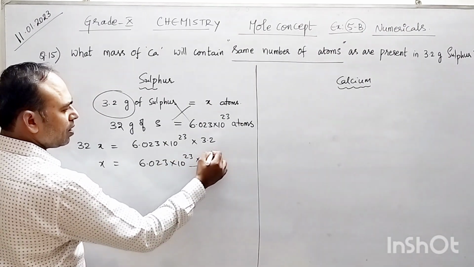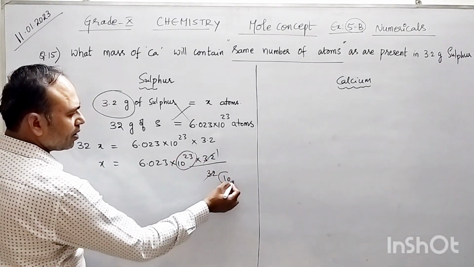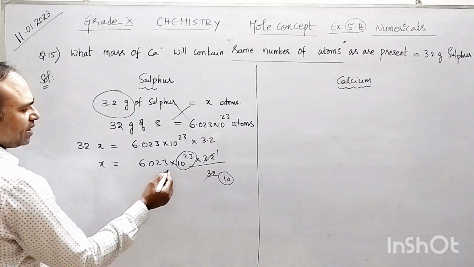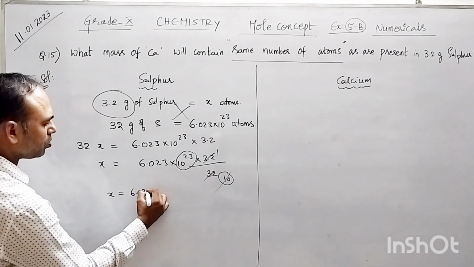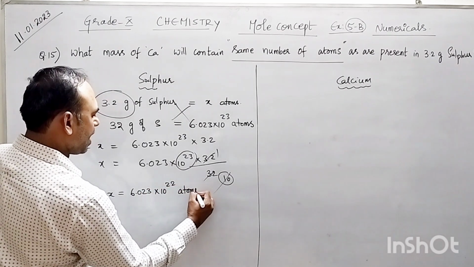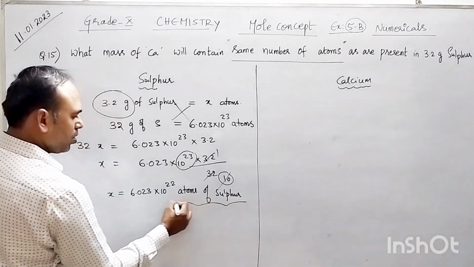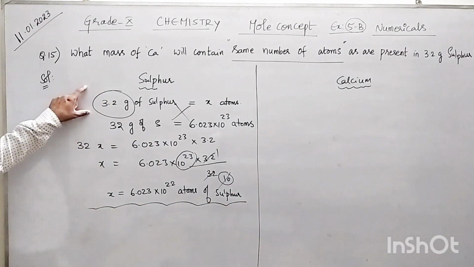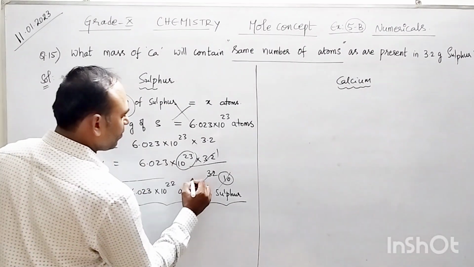So we know this 3.2 is 32 by 10, so we can just cancel this. 10 to the power of 23 by 10 will become 6.023 into 10 to the power of 22 atoms of sulfur. So from that mass we calculated how many atoms of sulfur are there.